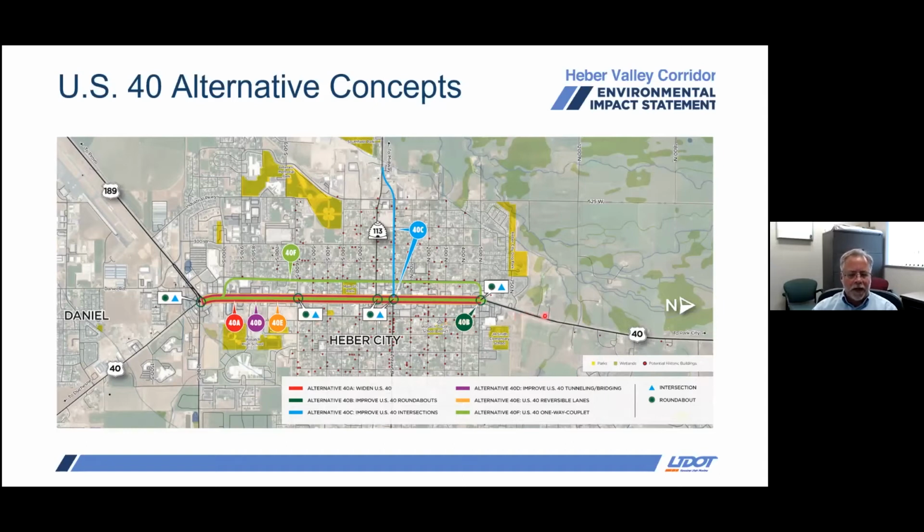Just to help you get oriented to this figure, north is pointing to the right towards Park City. Just as a high level comparison, all 6 of these alternatives start at about 500 North and Main Street and continue down through Main Street through downtown Heber and terminate here at about 1200 South.